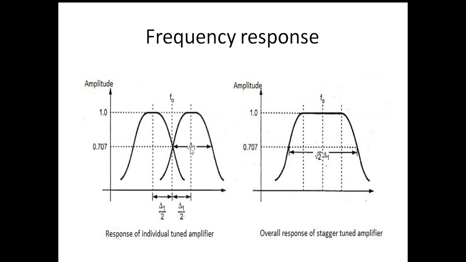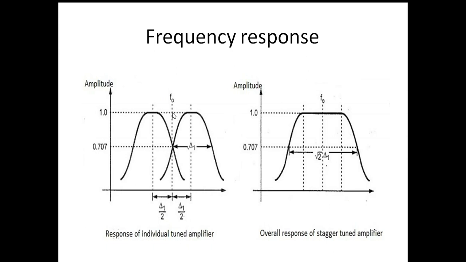Delta 1 appears where the amplitude is 0.707. If the total amplitude is taken as 1, where the 0.707 amplitude is achieved, there the delta 1 distance appears. Now, where it touches the frequency response, that is taken as the center frequency F naught.